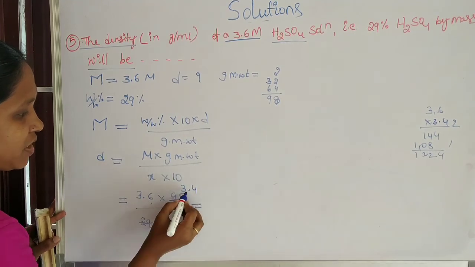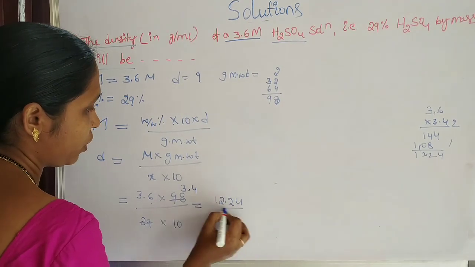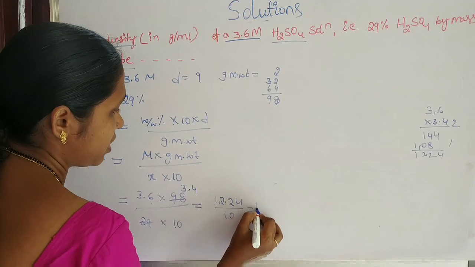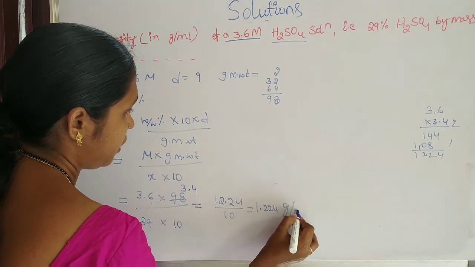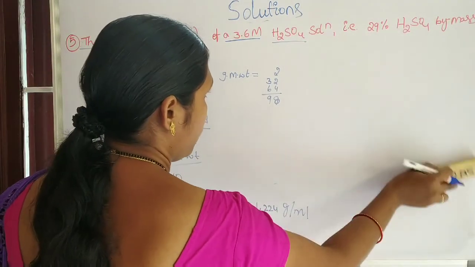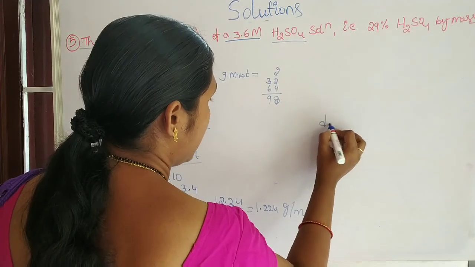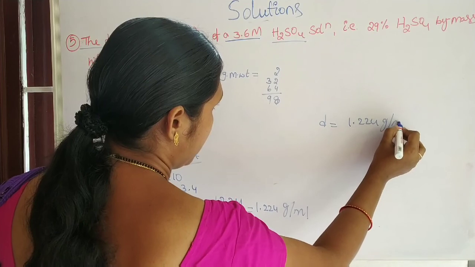So 3.6 into 3.4, 12.24 divided by 10 means 1.224 gram per ml. What is the density? The density of the solution is 1.224 gram per ml.